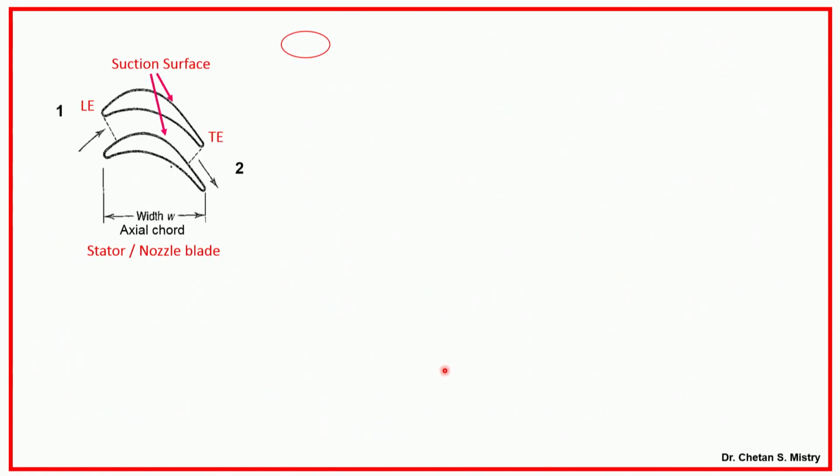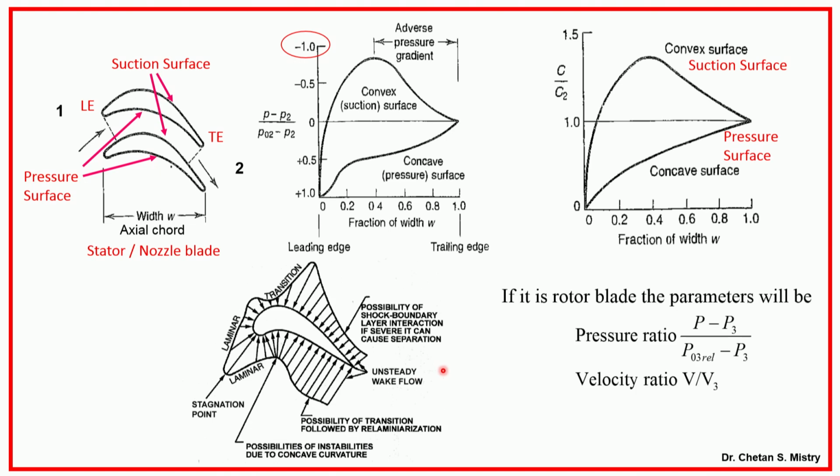Now, let us try to understand our CP distribution. In the morning we discussed that for the axial flow compressor, my CP plot represents the amount of compression work done.